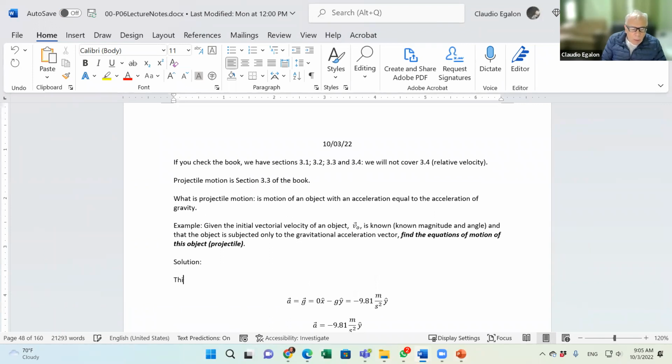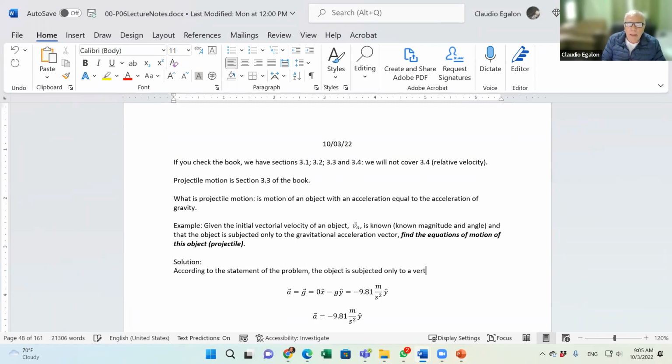According to the statement of the problem, the object is subjected only to a vertical acceleration, no horizontal acceleration whatsoever.